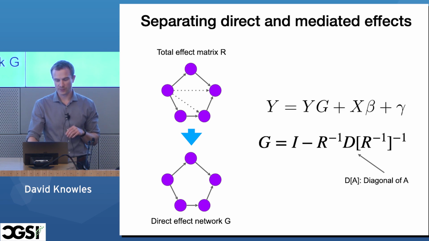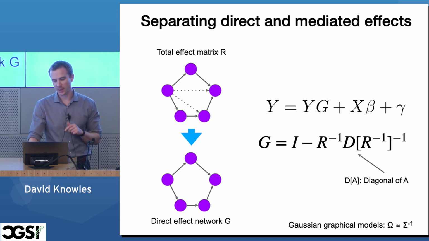So the interesting part here is this inversion of the matrix R, and there's some normalization here that's less important. But there's a couple of challenges to applying this expression.